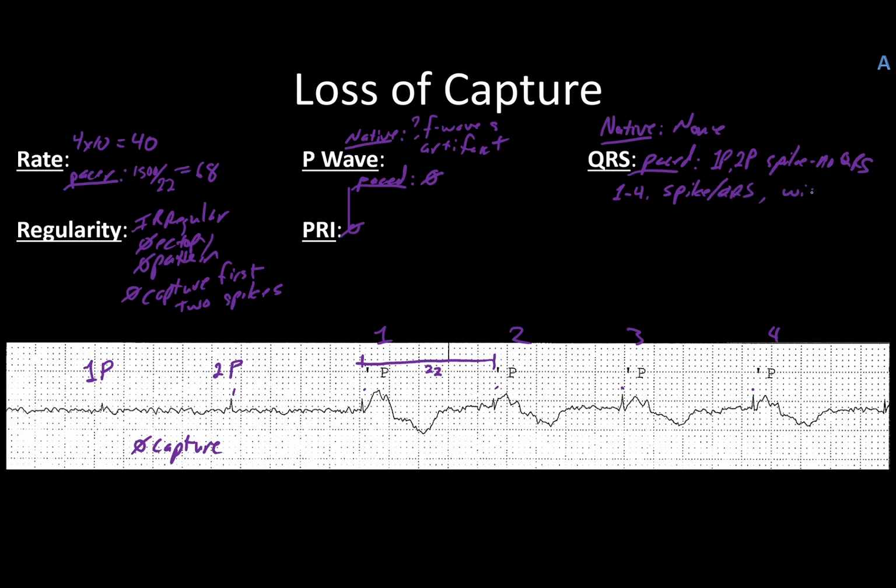They're wide, kind of tall, not really. So those are the signs that we're looking at V pacing for that. Ultimately, then, what am I going to say? I'm going to say that this is V paced with loss of capture is the best way to phrase this. Or ventricular paced with loss of capture, because that's exactly what I see.